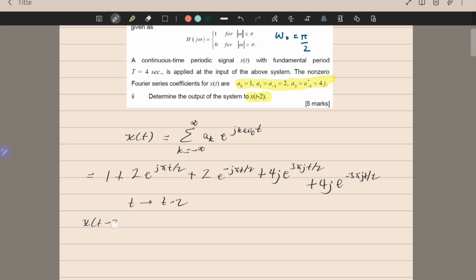So x of t minus 2 is equal to 1 plus 2e to the j pi, so this is t minus 2 over 2.